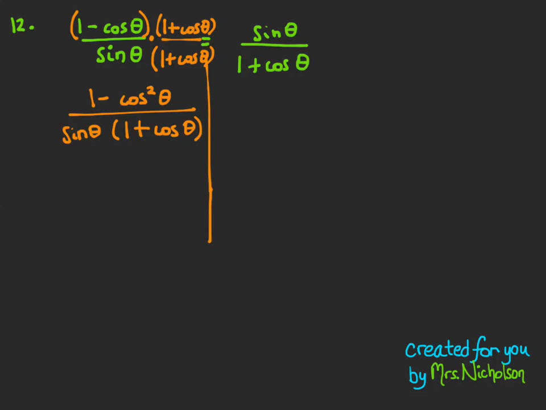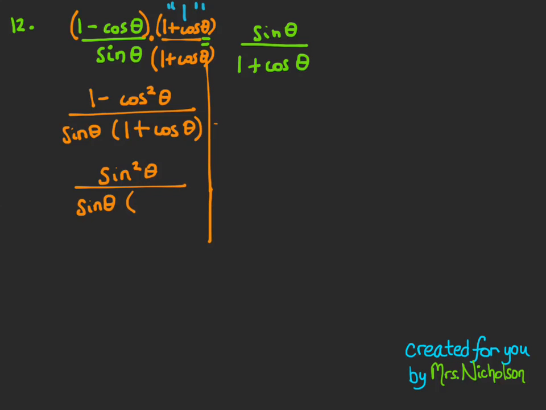So I've carefully chosen my 1. This is my 1 that I'm multiplying by here. Same thing in the numerator and the denominator. But I chose it so that I end up with this 1 minus cosine squared on the top, because I know that's a Pythagorean identity that would be helpful. 1 minus cosine squared is equal to sine squared.